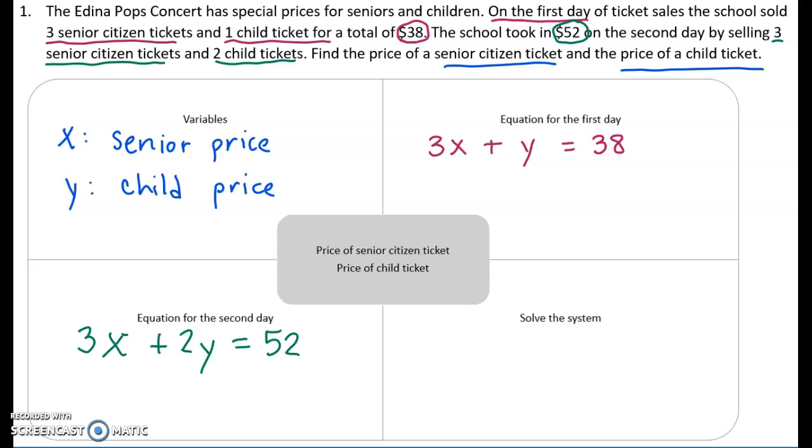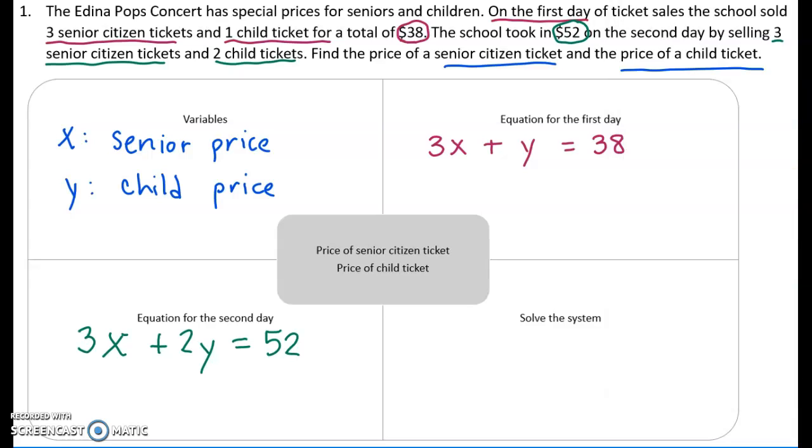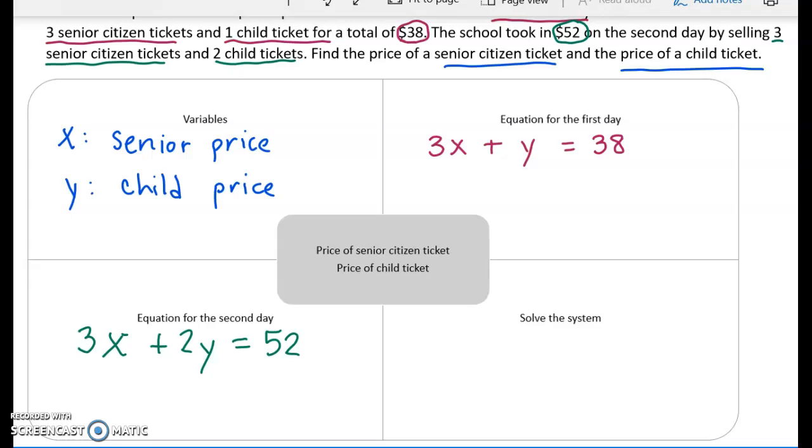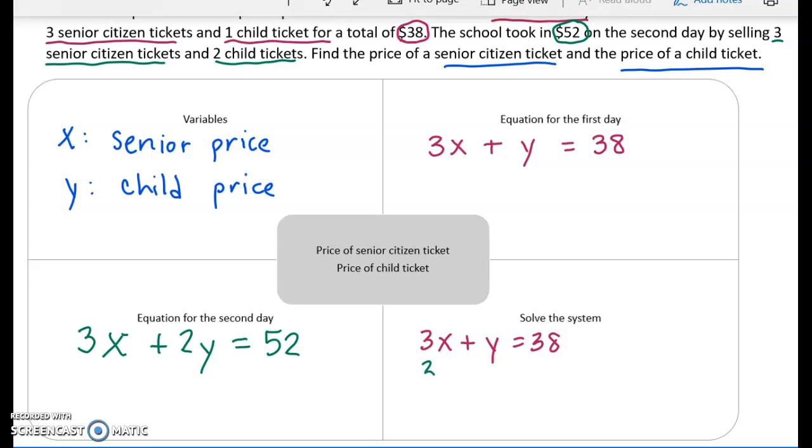So I'm going to write down my system, my 2 equations, and this one to me looks really set up for elimination. I wish that those words weren't there. 3x plus y equals 38, and 3x plus 2y equals 52, and I am going to multiply this equation by -1 so that my x's go away.